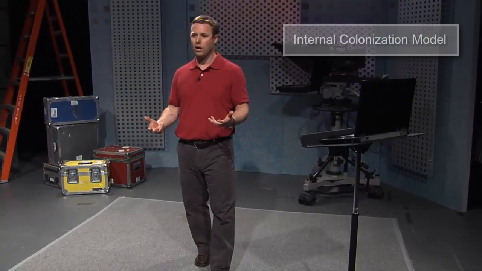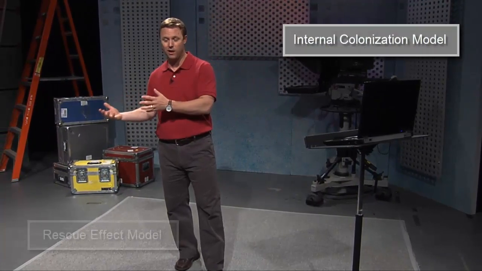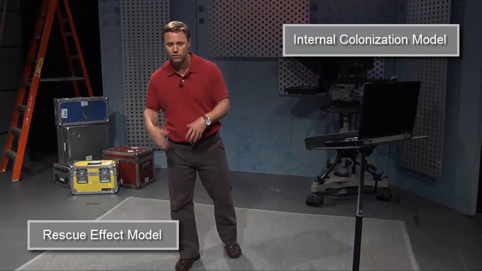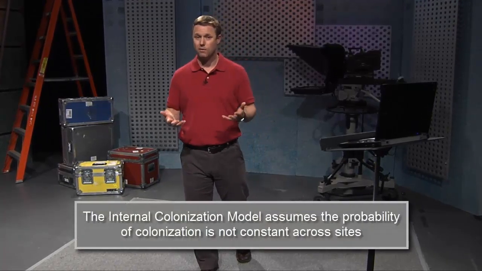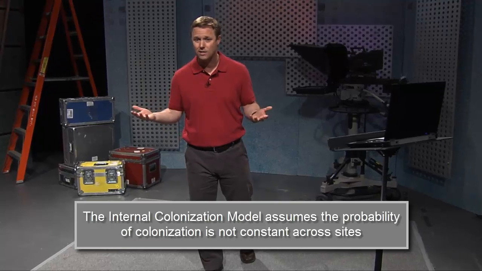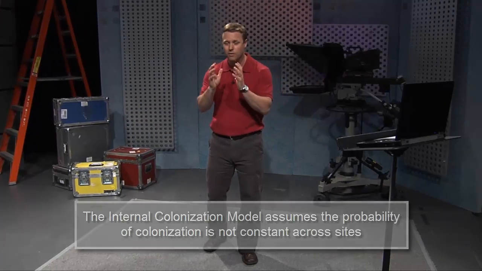So the first model is called the internal colonization model. The second one is called the rescue effect model. So what are those things? Let's start with the internal colonization model. In this model, we basically assume that the probability of colonization is not constant across sites. In other words, the probability of a subpopulation becoming colonized is a function of how many sites are occupied.